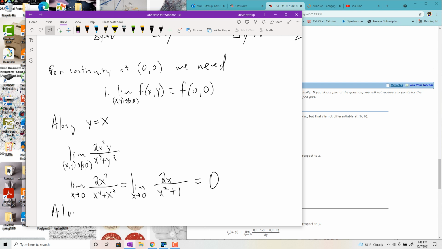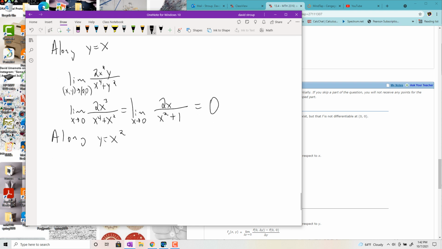Okay, let's do a different approach, along y equals x squared. I'll lose my y and have something in terms of x. As x goes to 0 of 2x squared times x squared, which is 2x to the fourth, all over x to the fourth plus y squared, which is now x to the fourth as well. So you end up with the limit as x goes to 0 of 2x to the fourth over 2x to the fourth, which is just 1.